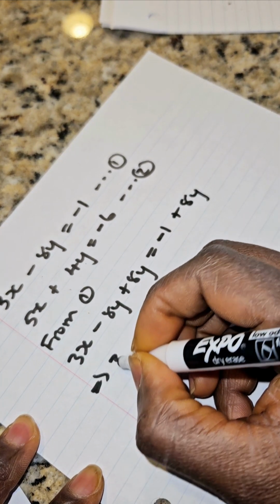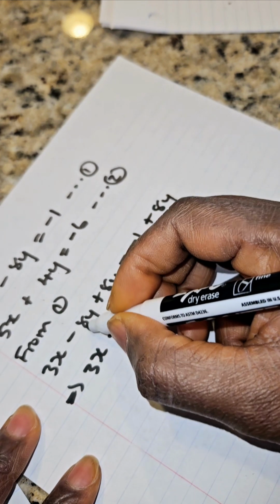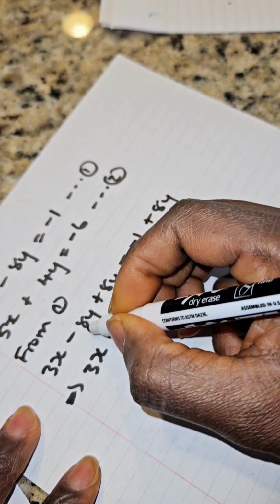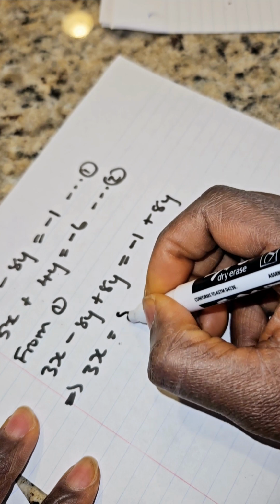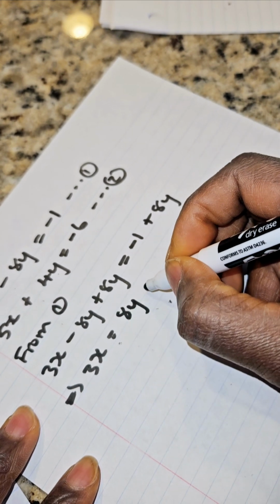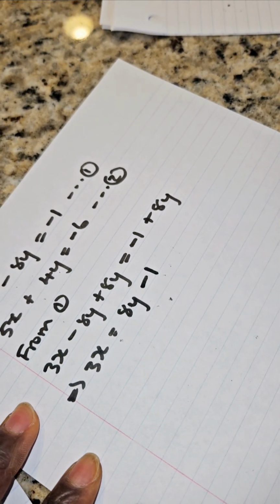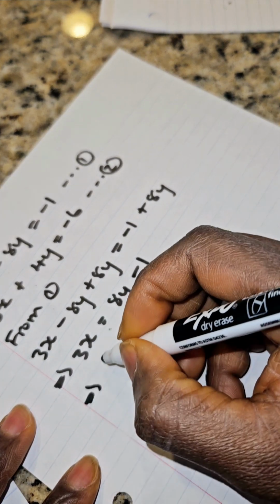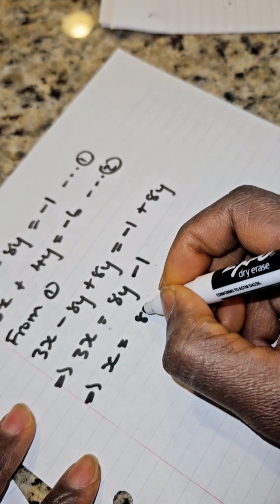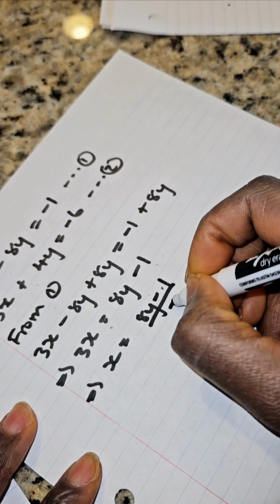This implies 3x equals 8y minus 1. I will just fix it immediately, I hope that doesn't confuse you. This is just the same thing. This means x equals 8y minus 1, all over 3.